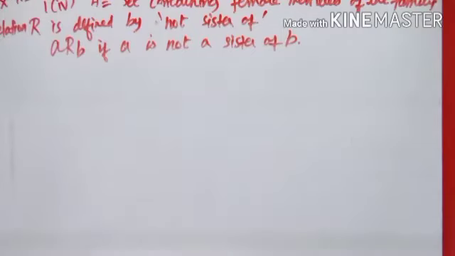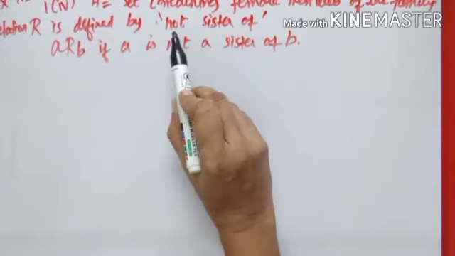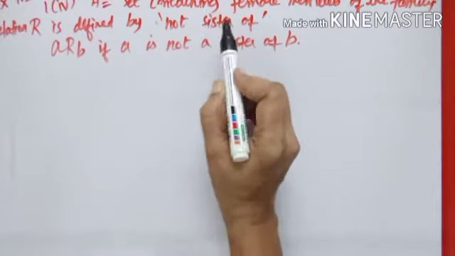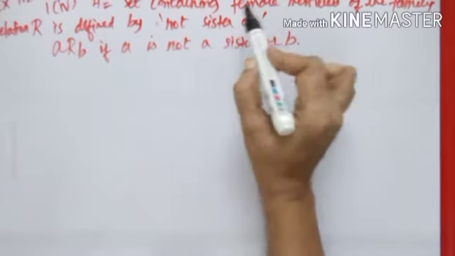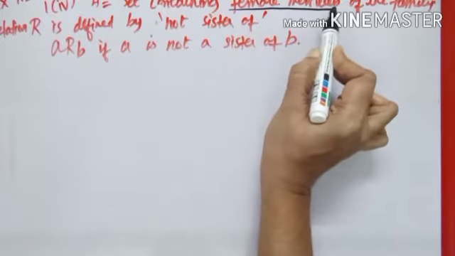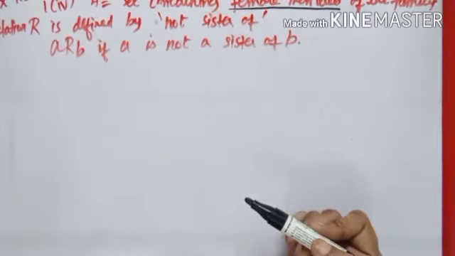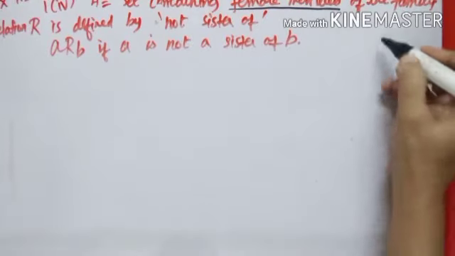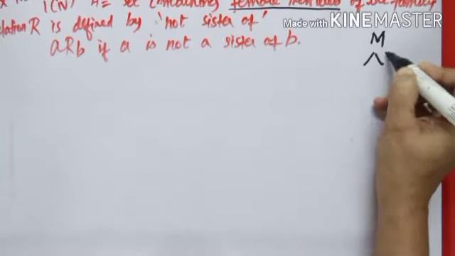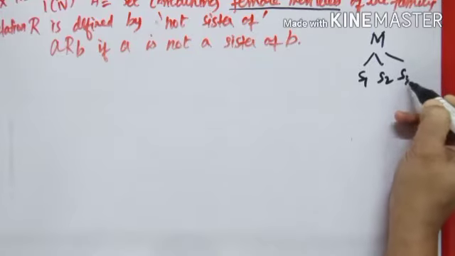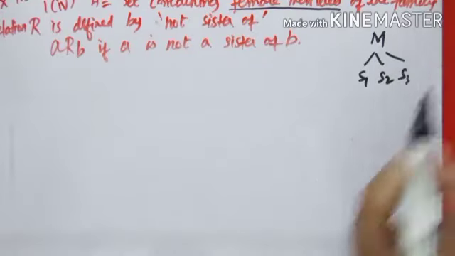Question number 1, subsection 4. The same idea, not a sister of. But the question redefines the set. We have female members of the family. Female members tells mother, sister 1, 2, 3 only. No brothers, no father.